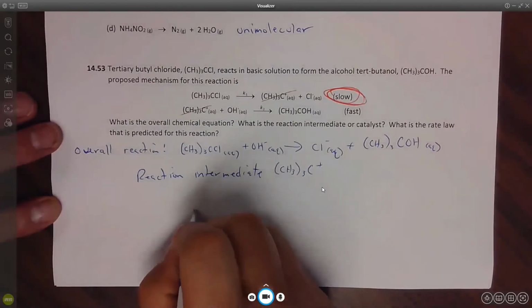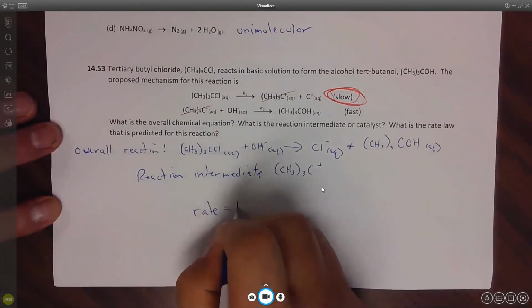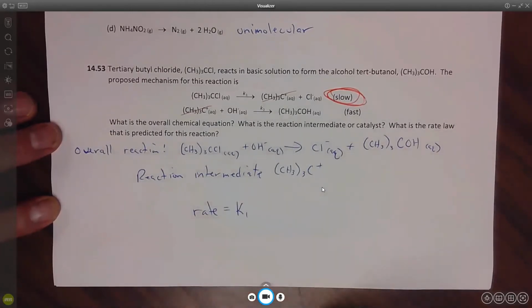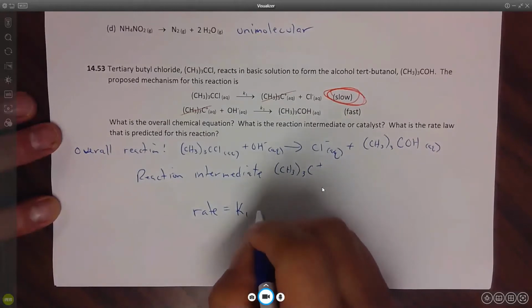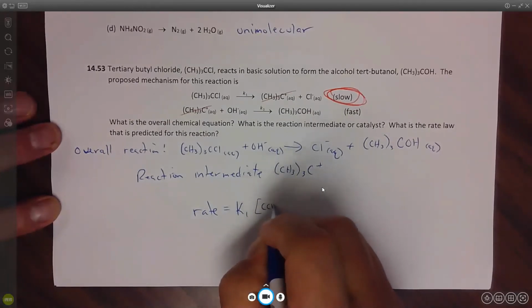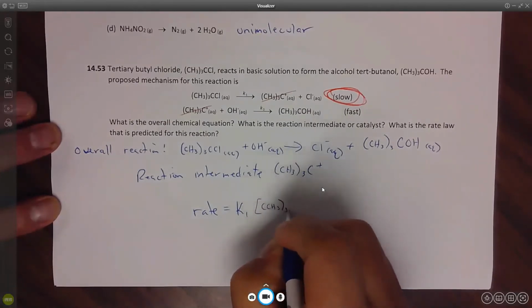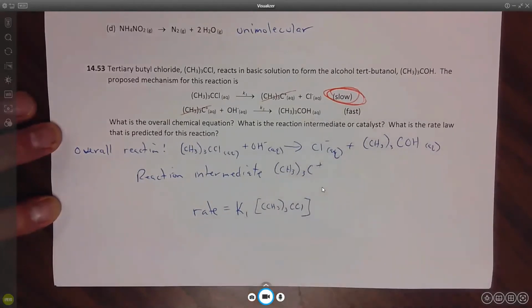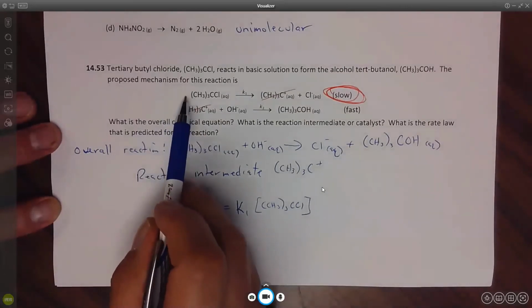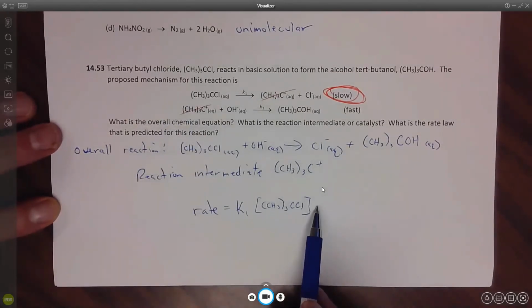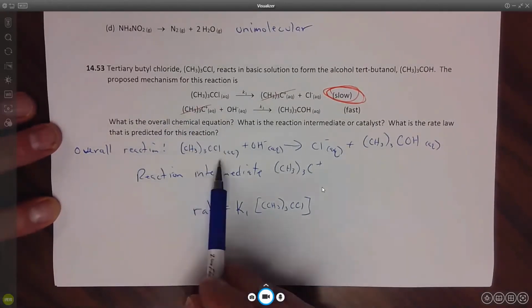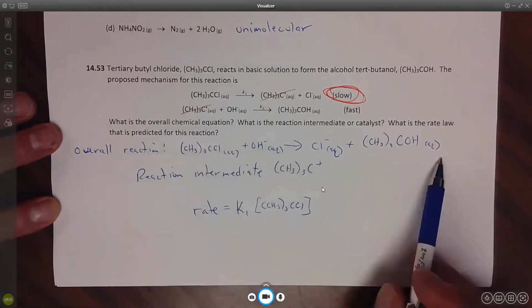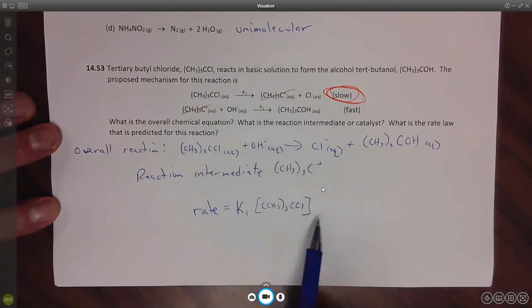Rate equals k1 times the concentration of (CH3)3CCl. But then that's also the overall reaction. Right. And it's raised to the first power because that's a coefficient of 1. And because this exists as a reactant, product, or catalyst, it's okay.